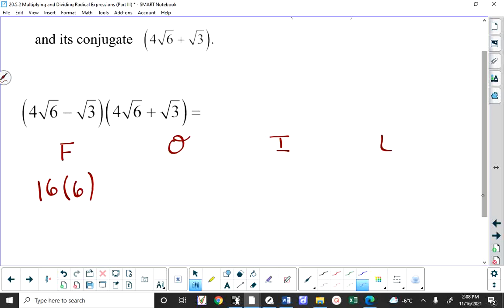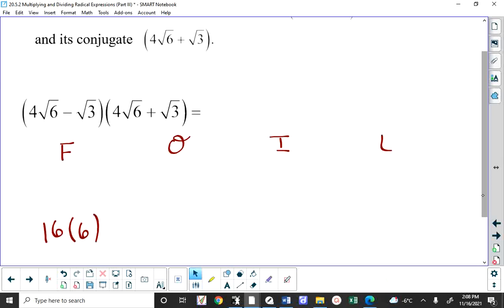Be very careful. The 4 times the 4, 4 times 4 is 16. Root 6 times root 6 is root 36, which is 6. And I don't have a problem with you having an intermediate step here and saying 16 root 36. In fact, I would prefer that you do that if it means you're not going to make a mistake.